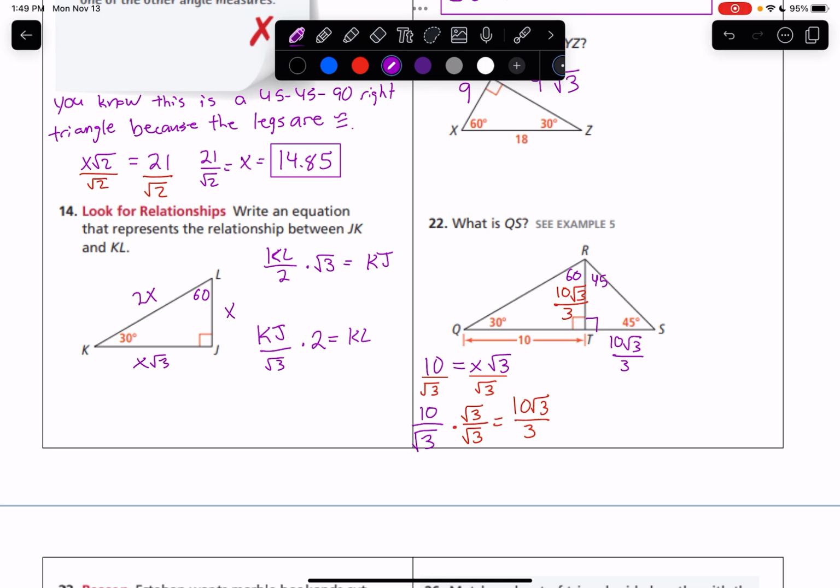So the total for QS is an irrational number. We have a rational piece plus an irrational piece. We can't add those together, so we can just set them next to each other: 10 plus 10 root 3 over 3.